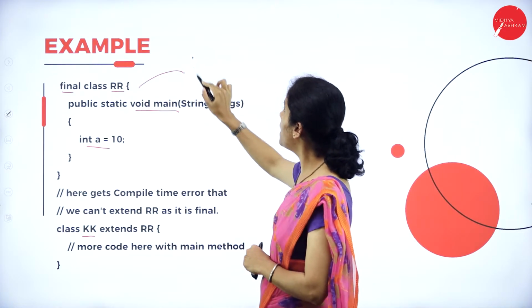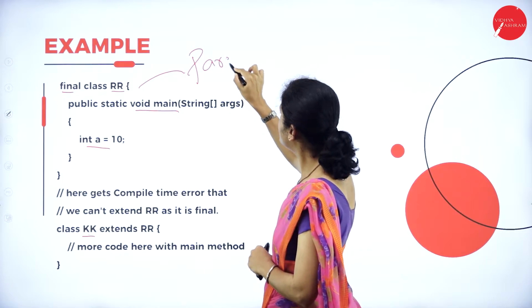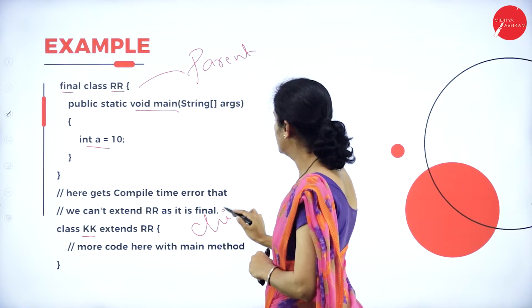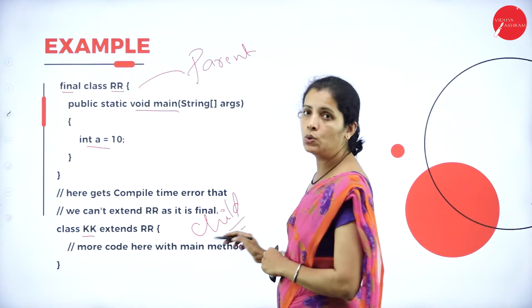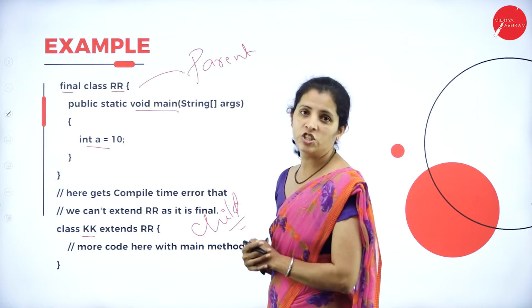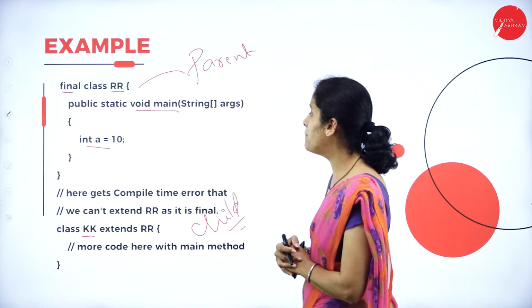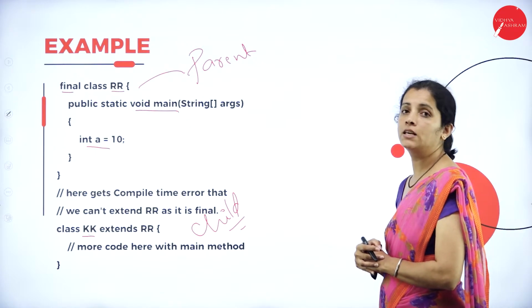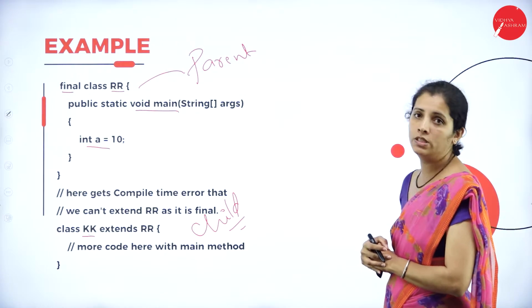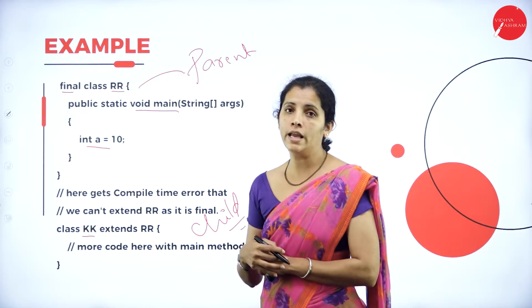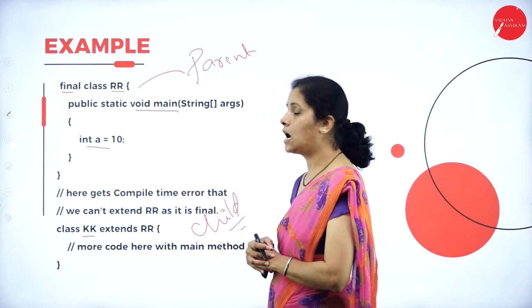This is my parent class and this is my child class. I'm trying to inherit the features of parent in child. So what is going to happen? During the execution of the program, the compiler is going to generate an error that we cannot extend RR.